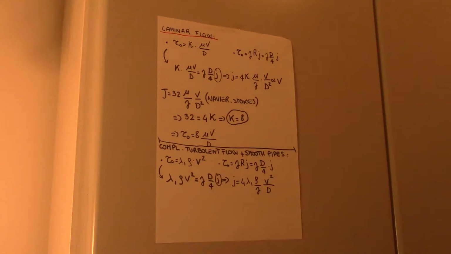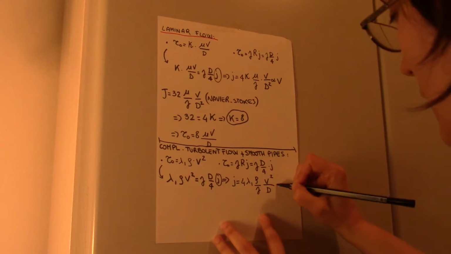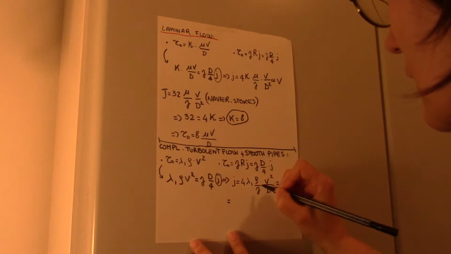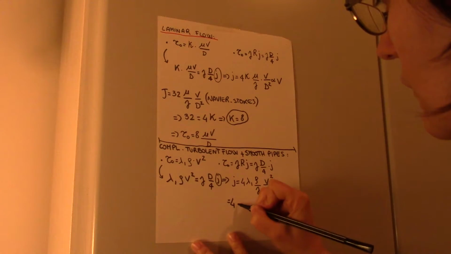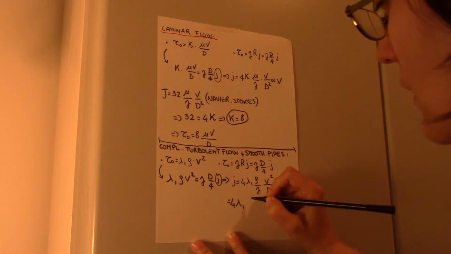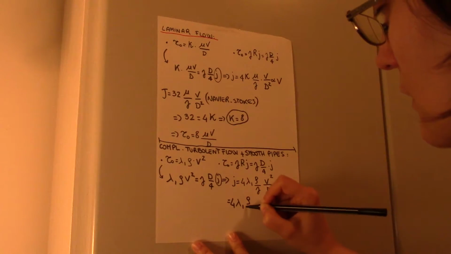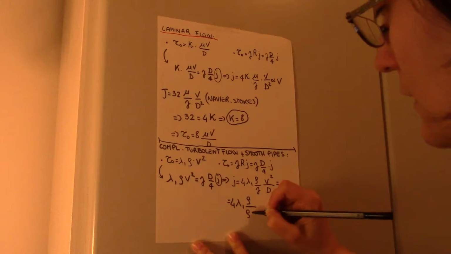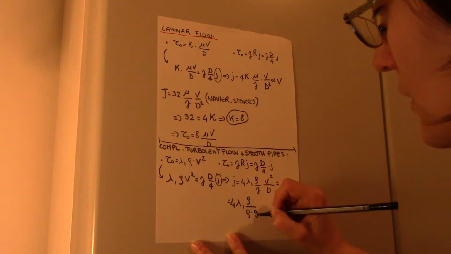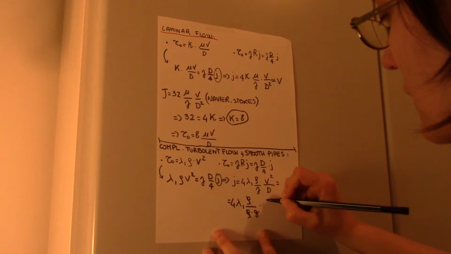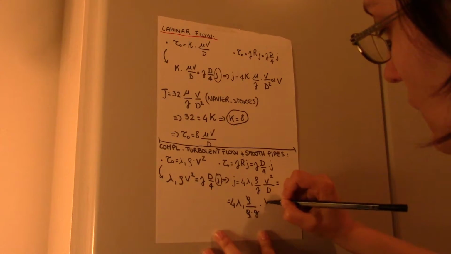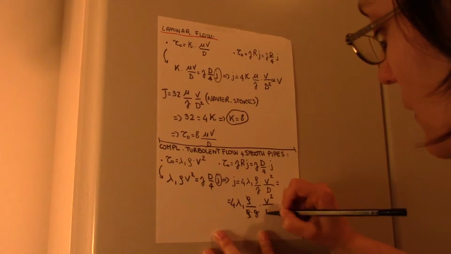So in this case, gamma is rho times g, so it becomes 4 lambda 1, the density rho over the density times g, so it's possible to erase them, times v to the power of 2 over d.